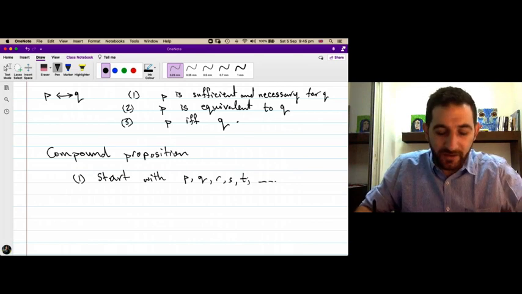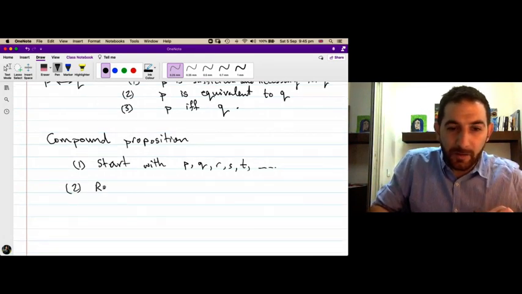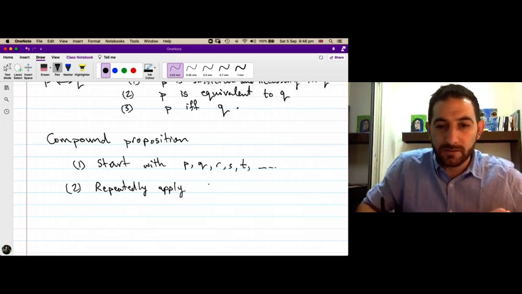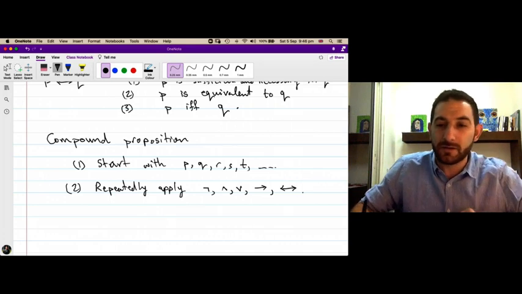So start with any variables you want, and second, repeatedly apply the logical connectives we learned, which are the negation, the conjunction, disjunction, implication, and the if and only if, or the biconditional operator.